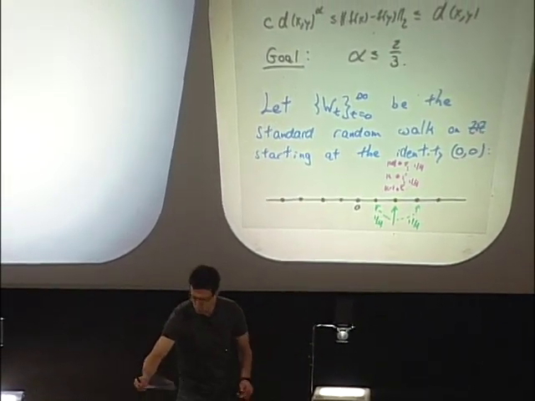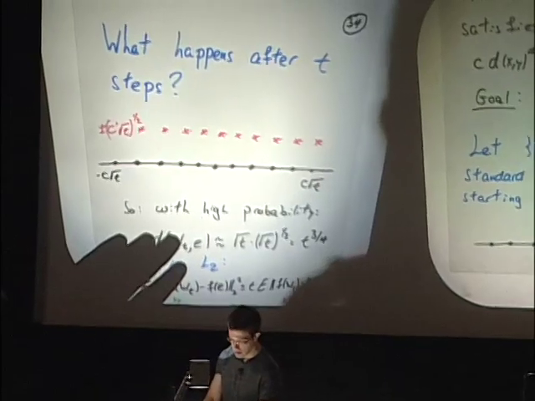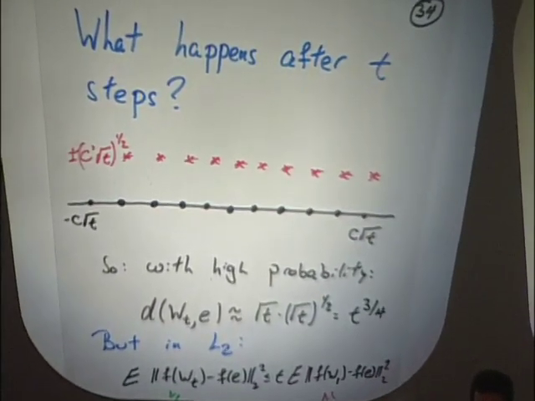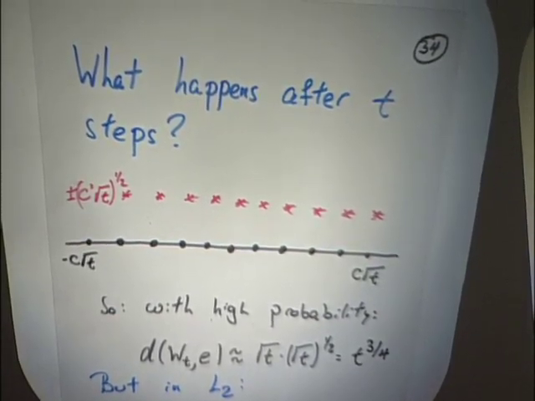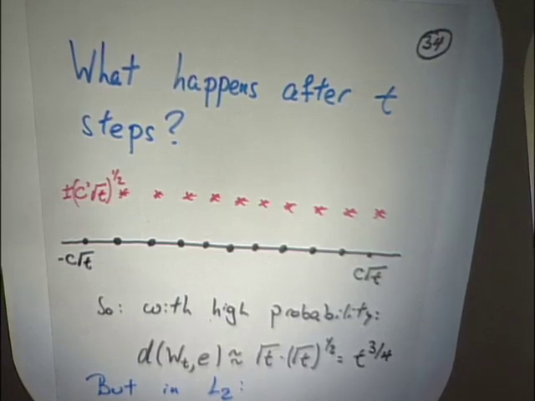So now let's just look at what happens after t steps. The pointer is performing a random walk on the line. Half of the time, the pointer is moving on these integers. So it's performing a standard random walk on the integers.